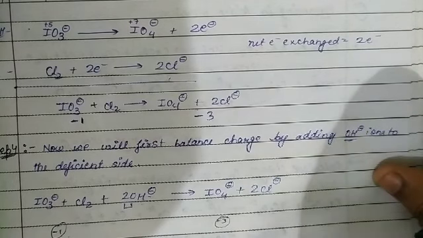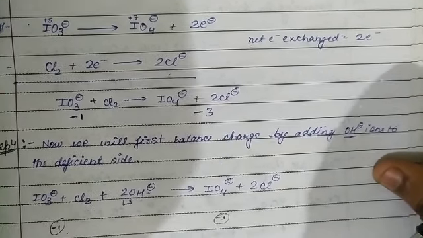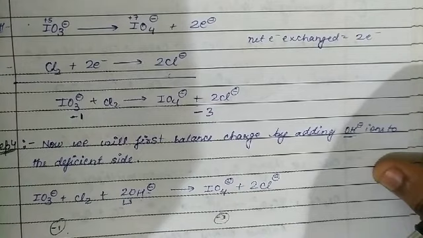Then cancel out the electrons, so net electron exchange is zero. Then we balance the charge by addition of OH negative ion. Now we balance the oxygen atom by the addition of water molecules.